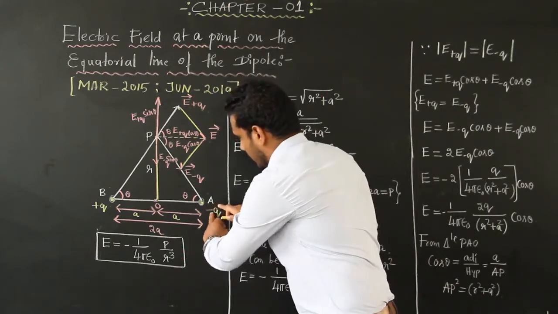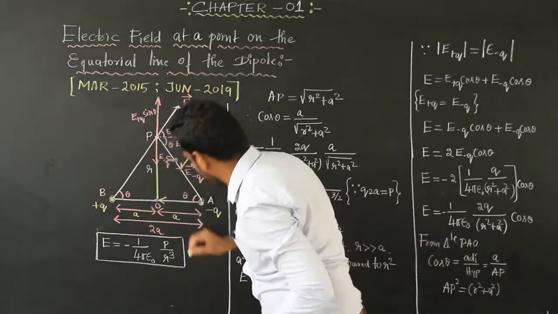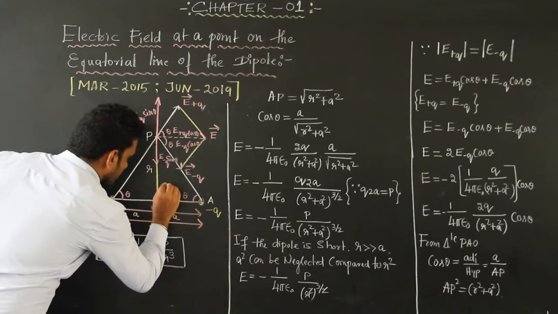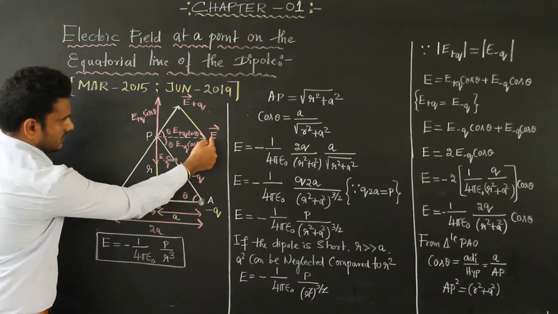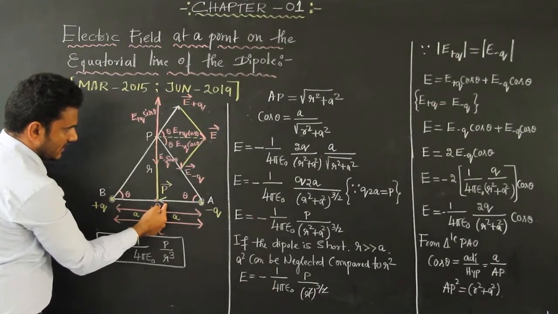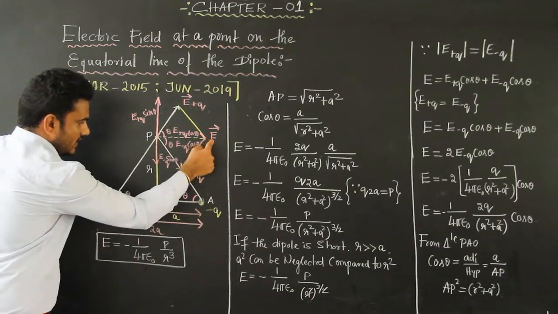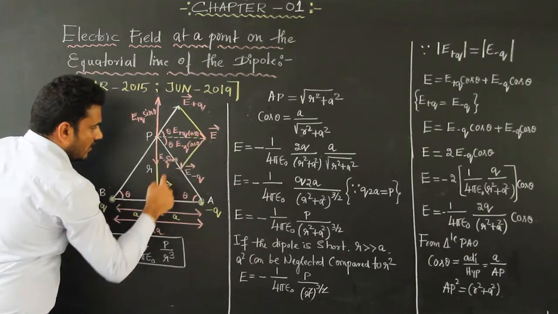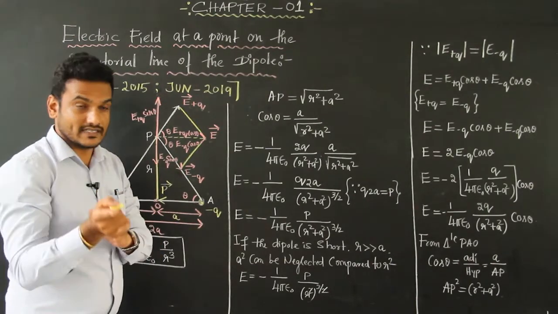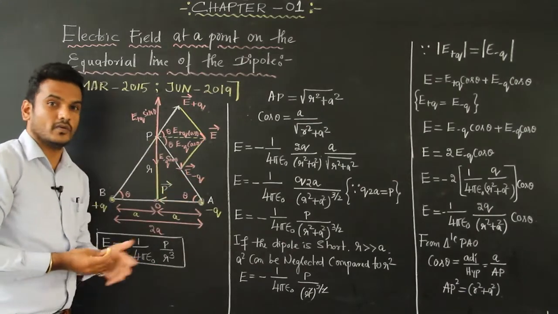Electric dipole moment is represented by P vector. The direction of electric field and the direction of electric dipole moment are in opposite direction. So the negative sign clearly indicates that.